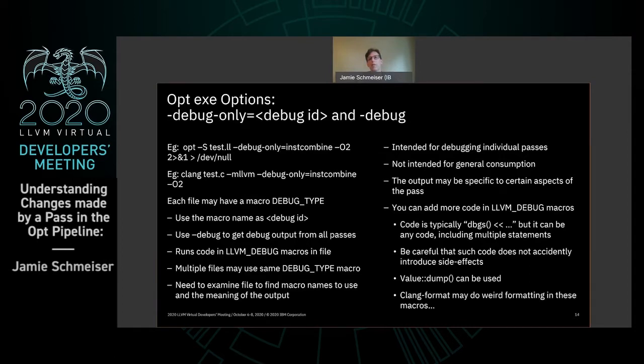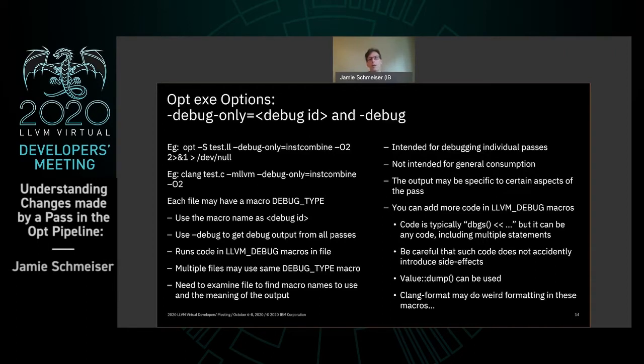Each file may have a macro, DEBUG_TYPE, in it that names an ID. If this ID matches the one specified, the code in any LLVM_DEBUG macros in the file will be run. This code typically consists of a single statement that usually just sends something to dbgs, which is the debugging stream. However, any code can be specified in the LLVM_DEBUG macros, including multiple statements.